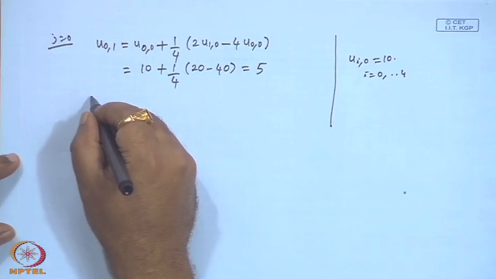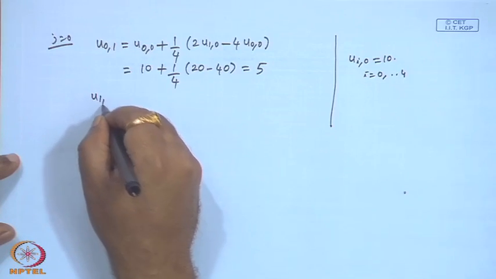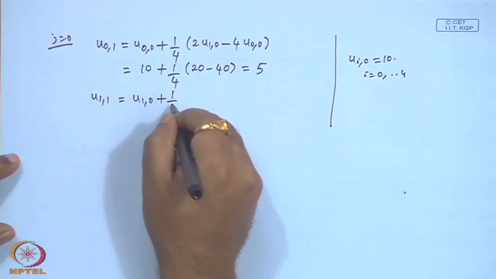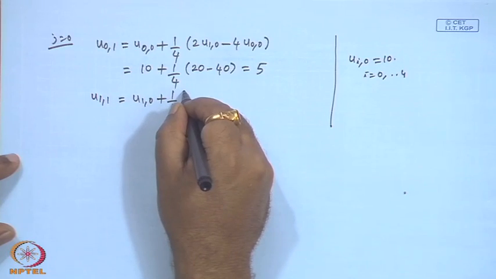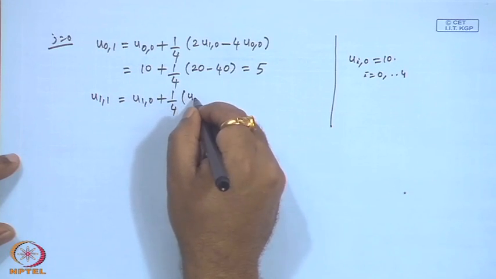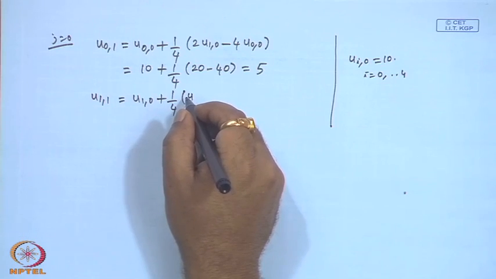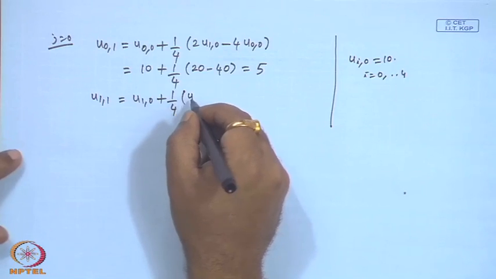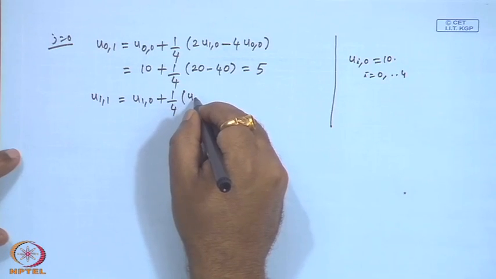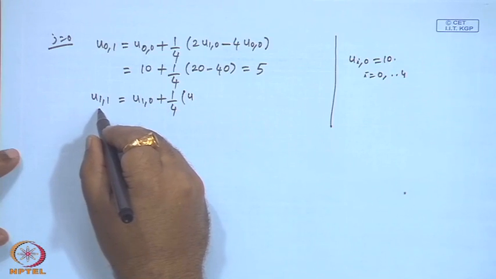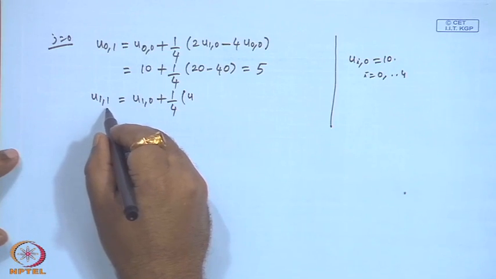Okay. Then u 1 1, so we have written the values. So, this will be u, this is corresponding to i 1 and j 0.